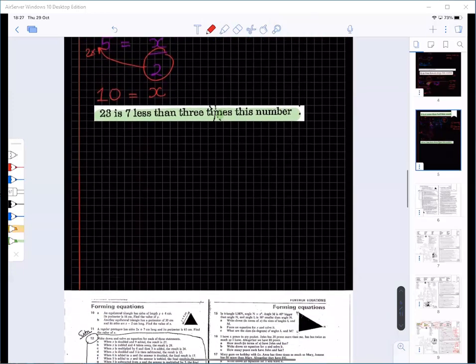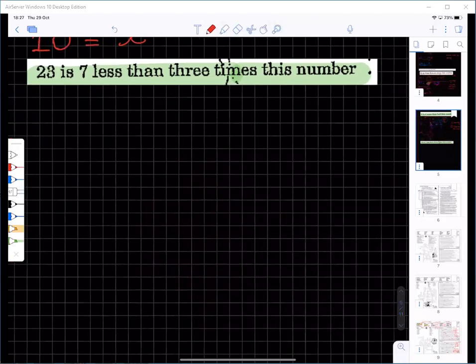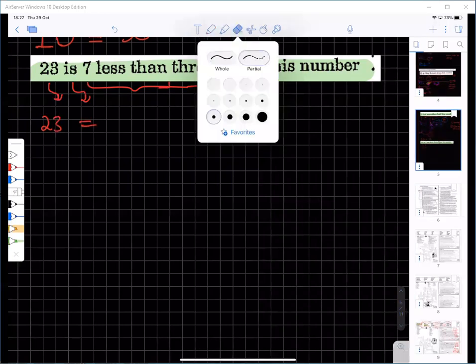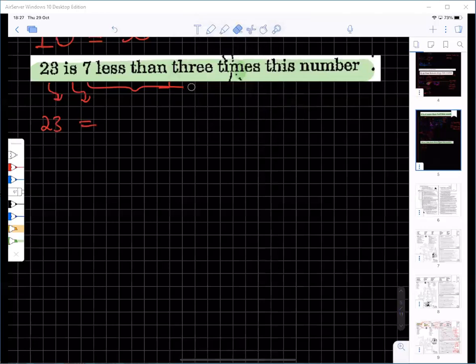Right, let's have Mr. Musa for the next question, please. So 23 is 7 less than 3 times this number. So 23 equals 7 less than, what does 7 less than mean? 7 less than is minus 7.